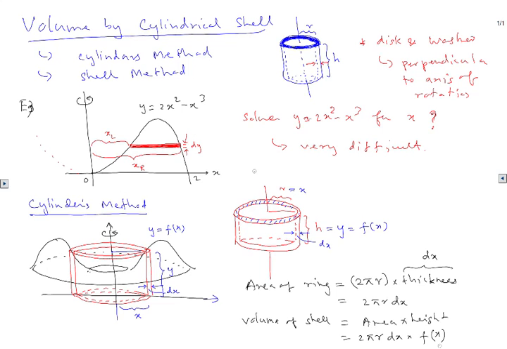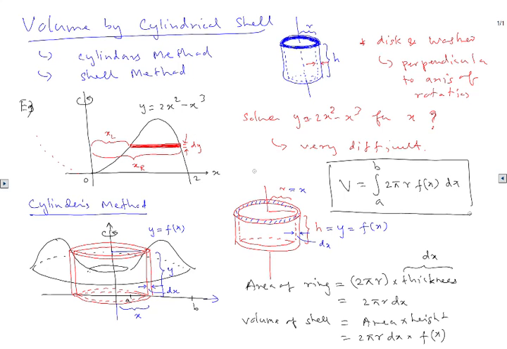So the volume is given by V equals the integral from a to b, where a and b are the limits of the region, of 2 pi r, the radius of the shell, times the height of the shell, dx. That is the shell formula: 2 pi r f(x) dx.